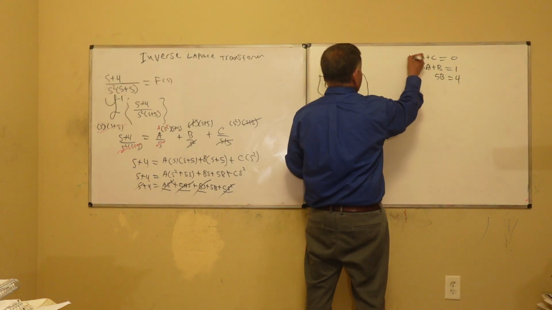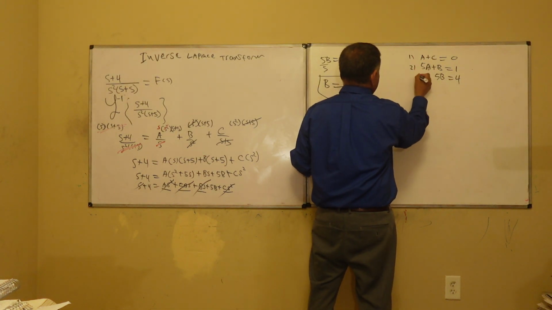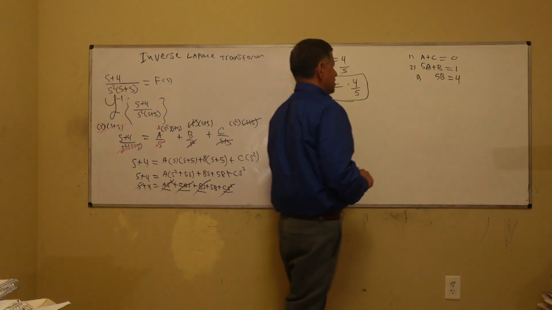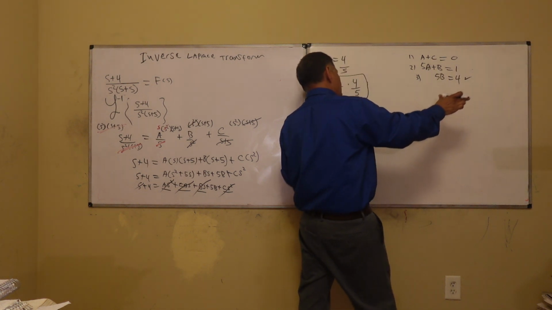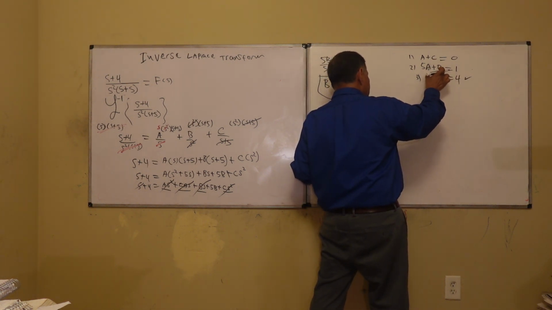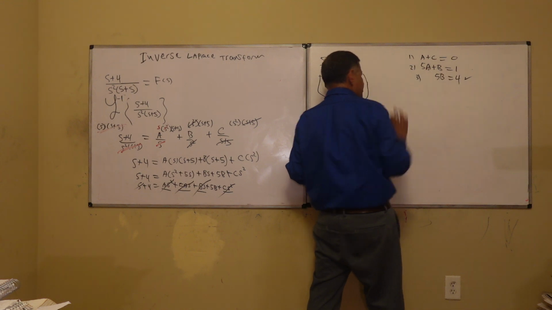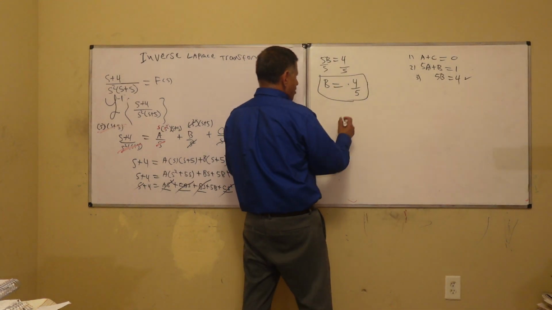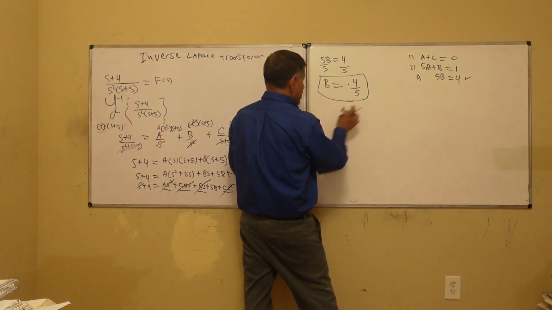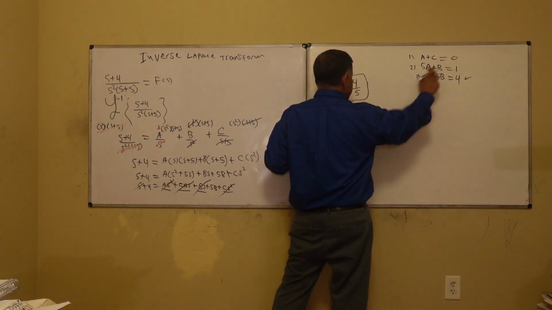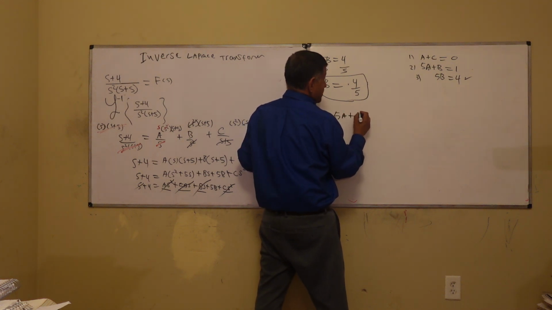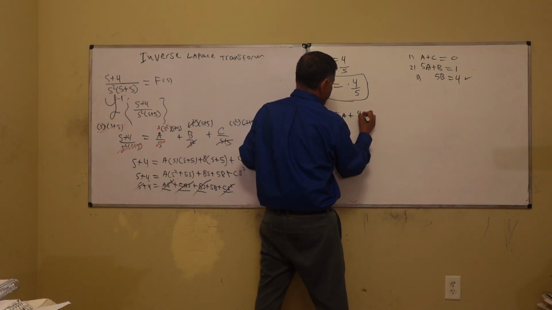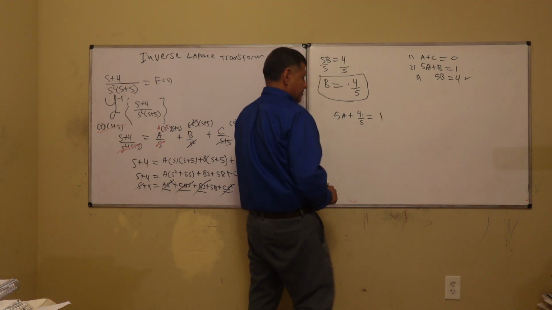So you can name this 1, 2, and 3. So 3, I already got it. 2, I need to find a because I have the value of b. I can find a, right? So now, how do I do this? So I substitute the value of b for this, and I get 5a plus 4 over 5 is equal to 1.